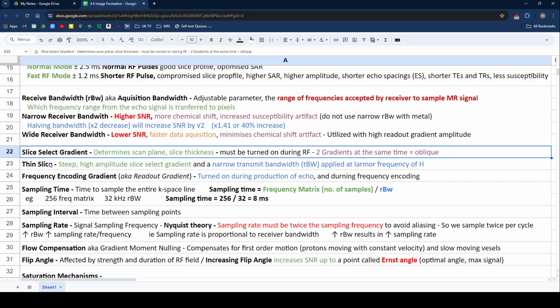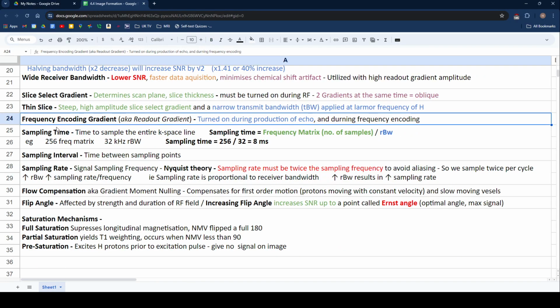A thin slice has a steep, high amplitude slice select gradient and a narrow transmit bandwidth applied at the Larmor frequency of hydrogen. The frequency encoding gradient, aka readout gradient, is turned on during the production of an echo and during frequency encoding. Sampling time is the time to sample the entire K-space line.